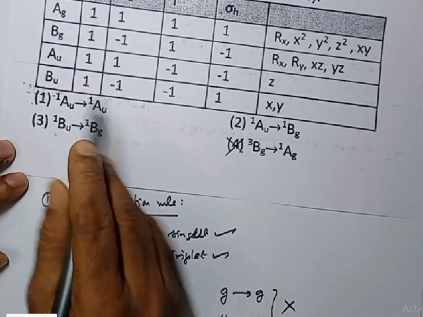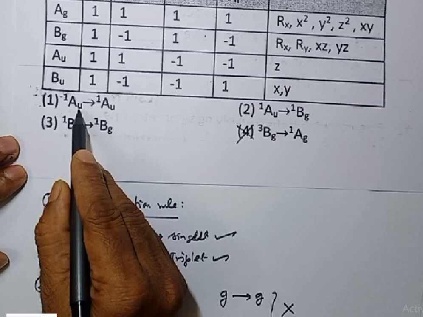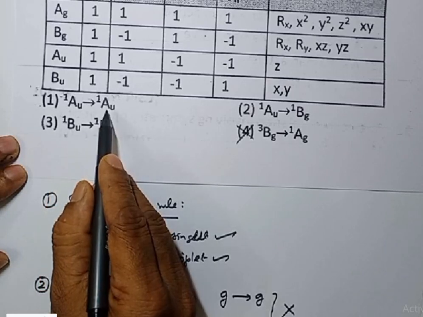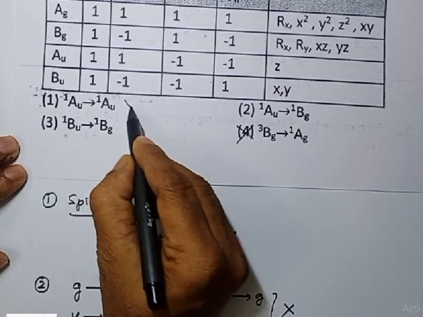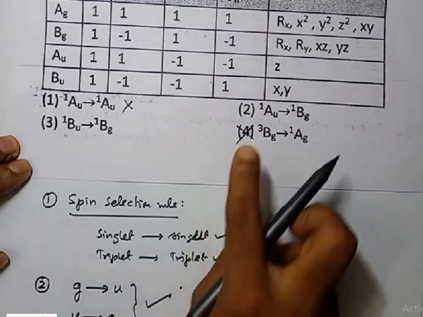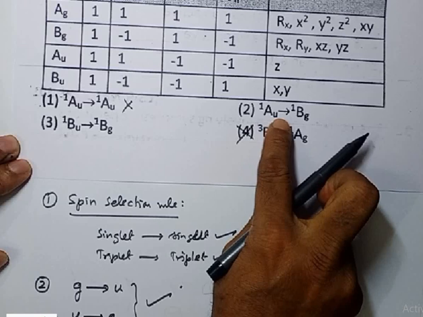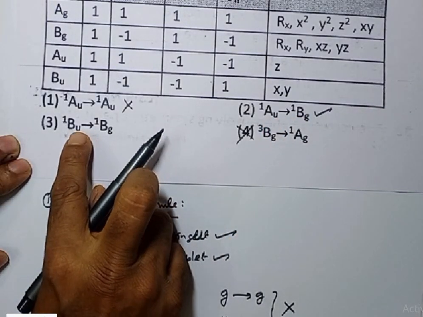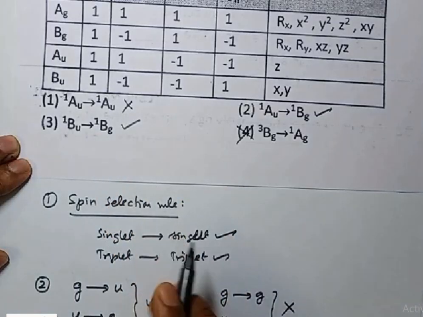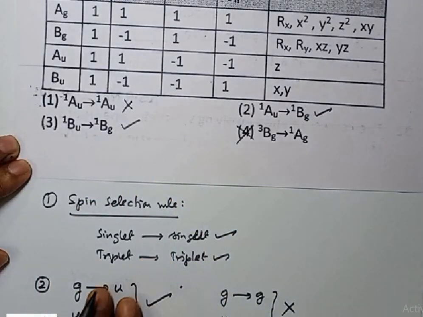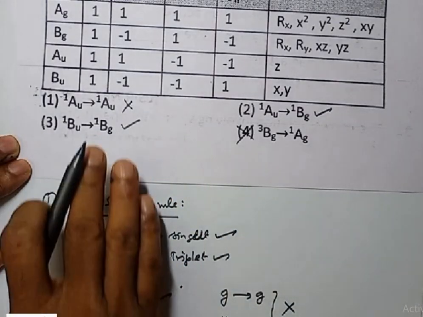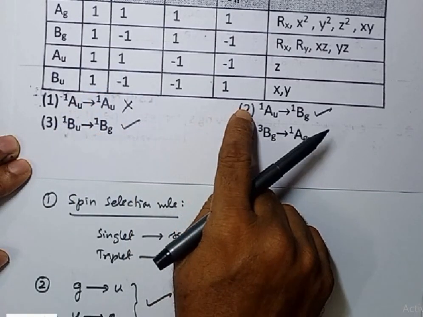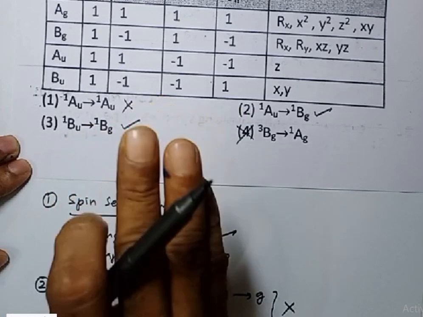In option A, I have ungerade in the initial state and ungerade in the final state, ungerade to ungerade, definitely it is forbidden. Option 2, ungerade to gerade, yes, this is allowed. Option 3, ungerade to gerade, this is also allowed. So using the gerade-ungerade symmetry, we have identified that among the 4 options, 2 and 3 are possible answers.